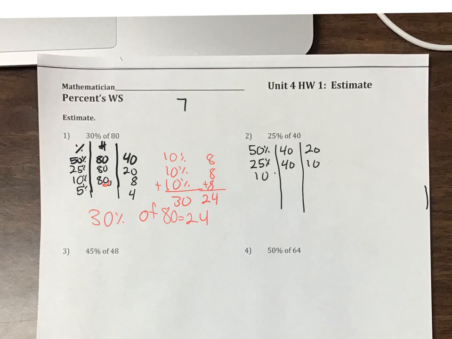What's 10% of 40? Well, that's 4. What's 5% of 40? Well, that's 2. Now, what am I going to build it back up as? Well, I'm just going to do the 25. 25% of 40 equals 10. Okay, so it's pretty easy.